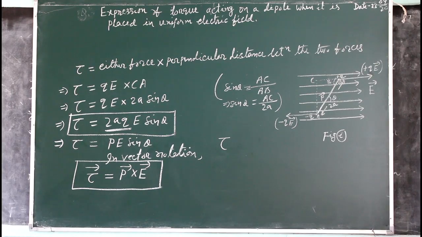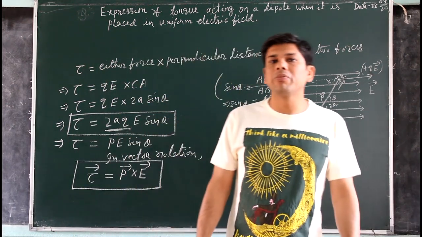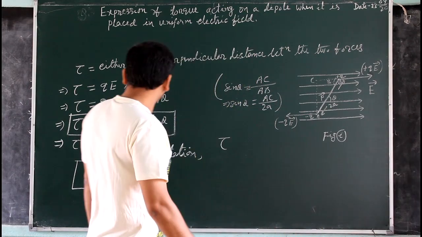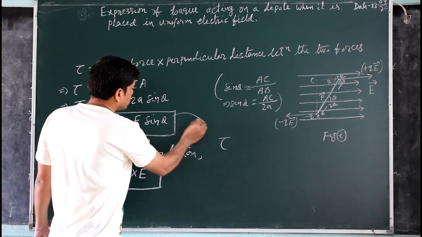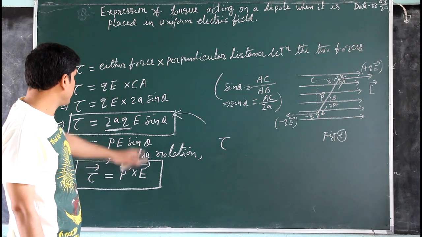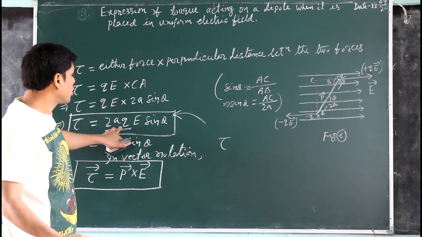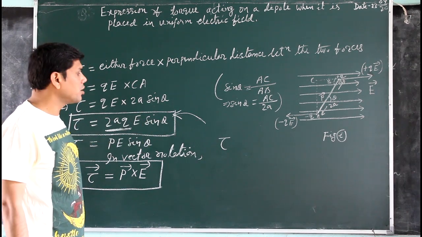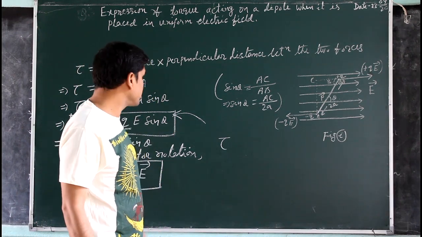Now we have to find the maximum value of torque or the minimum value of torque on a dipole. To find the maximum value, we use this formula. Torque becomes maximum when, because P is fixed here and E is also fixed, it depends on the value of sin theta. When theta is 90 degrees, sin theta becomes maximum, it is 1.